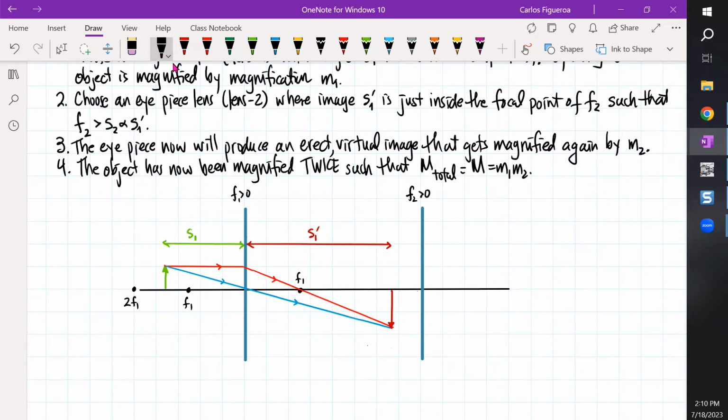So now that I have that, what I'm going to do is pick my focal length for my next lens. And this guy right here, I'm going to call F2. Now, because this is a converging lens, I need the far focal point, which is then going to be right here. So now I'm going to create my images again.